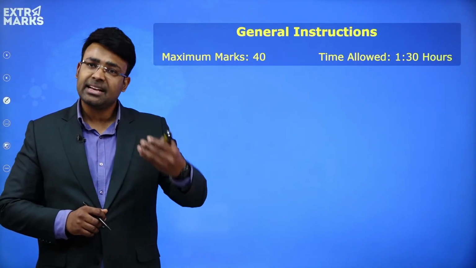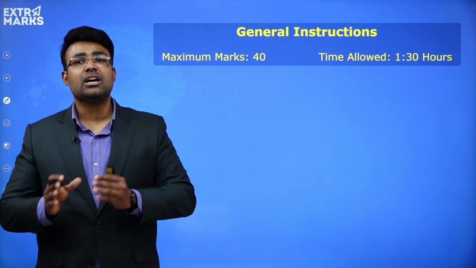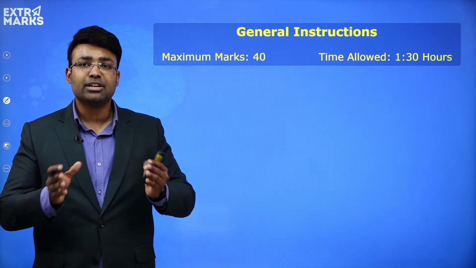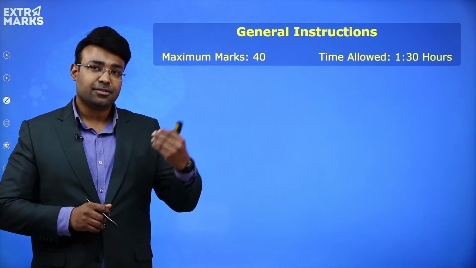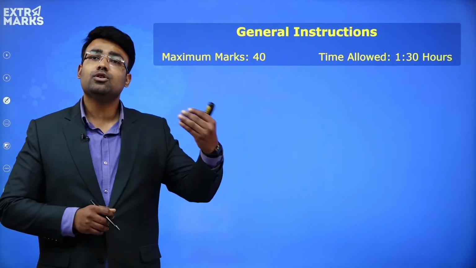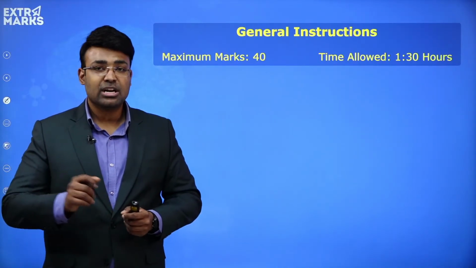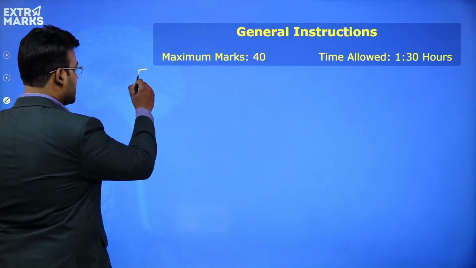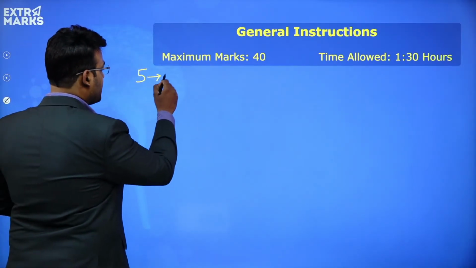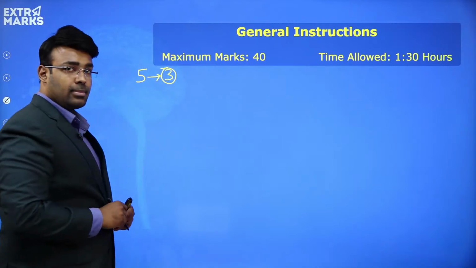Then the next 5 questions are going to be given. Because in total 6 questions are there, the first one is the objective, and then you will have the next 5 questions. Out of these 5 questions, earlier you used to attempt only 3 questions. Clear?